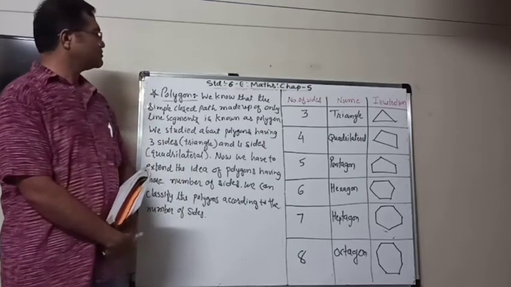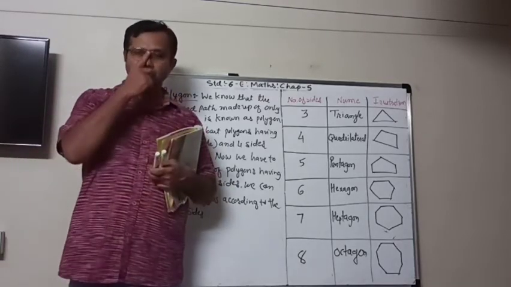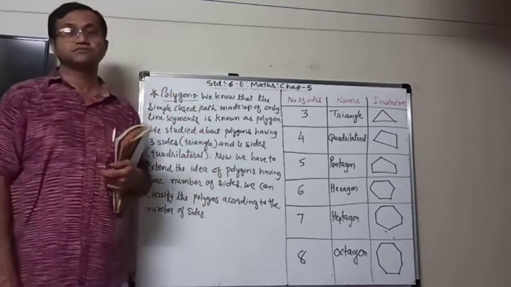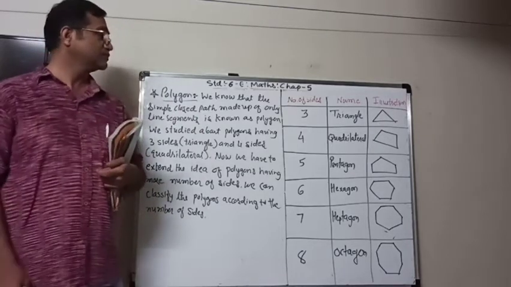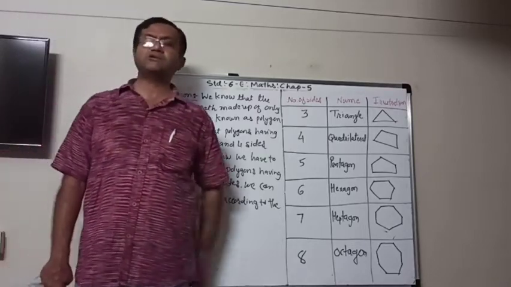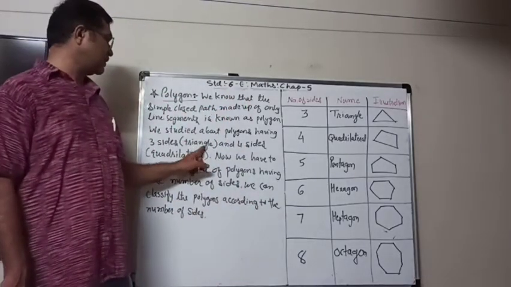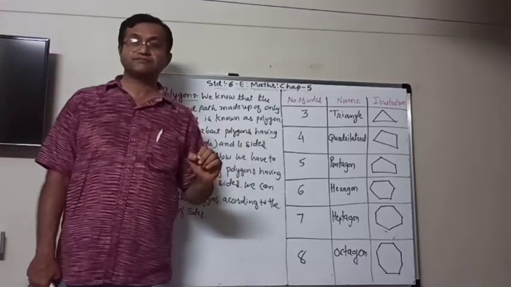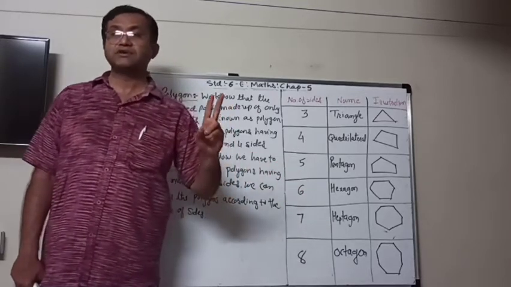Now we are familiar with the word polygon. Polygon means a simple closed curve made up of only line segments, that we learned already. We also learned about the polygon having three sides, which is known as a triangle, and the polygon having four sides, a quadrilateral.